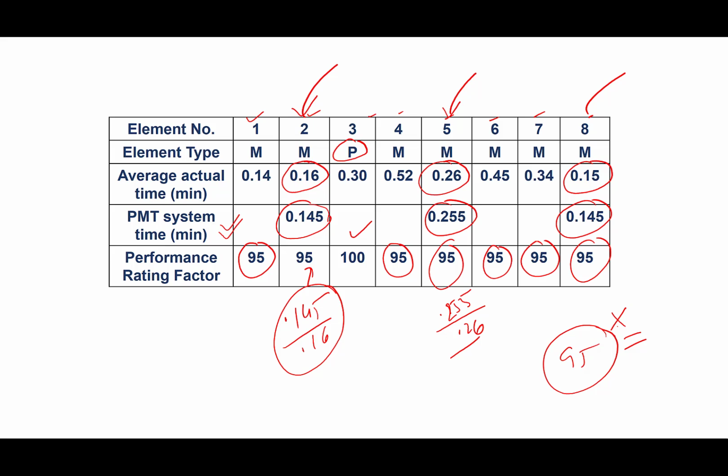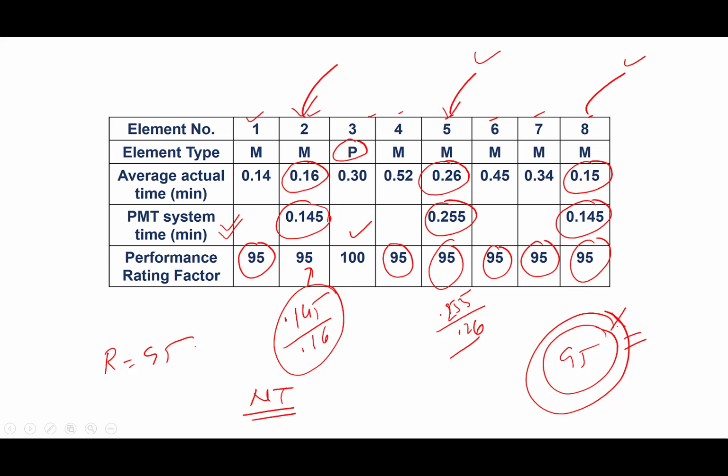Synthetic rating is obtained just for these three elements, number 2, 5 and 8, say 90%, 95%, and this 95% rating is then multiplied with the other manual elements to determine the normal time for the remaining four elements. That's how we determine the rating here.